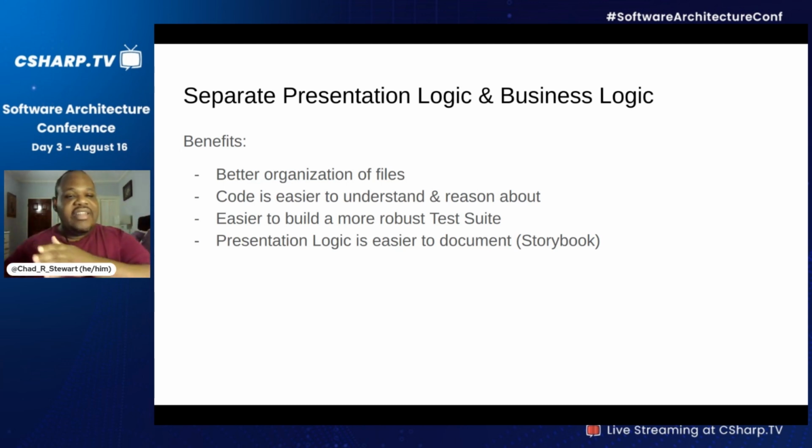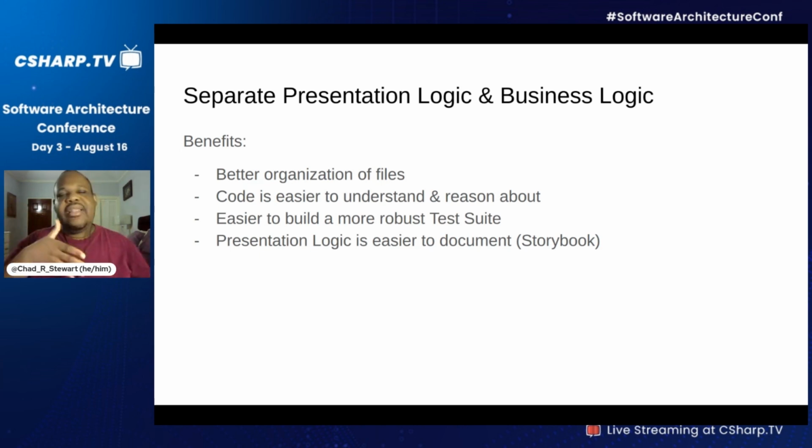And then again, presenting the data is the same thing. All you're worrying about is how you're presenting the data. You're not even necessarily worried about where the data is coming from. It's also easier to build a more robust test suite. In the previous example, when we had the business logic and presentation logic co-located, if I wanted to test the business logic, I would literally have to render the component, apply some action through a test library, pray that that action has some effect on the component that I can look at, and then test for that, right?